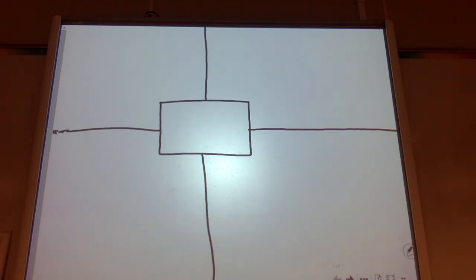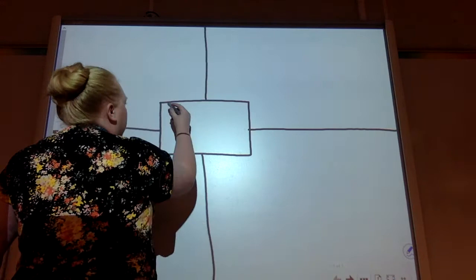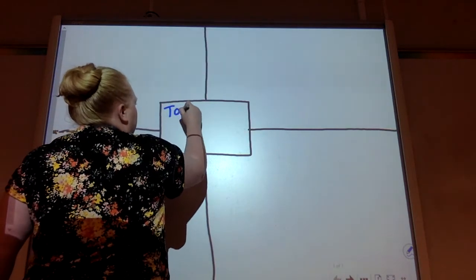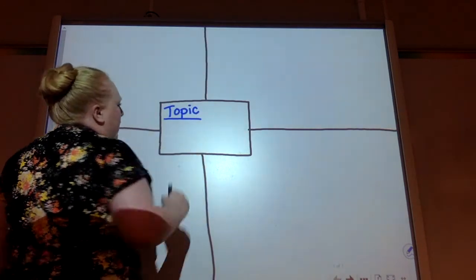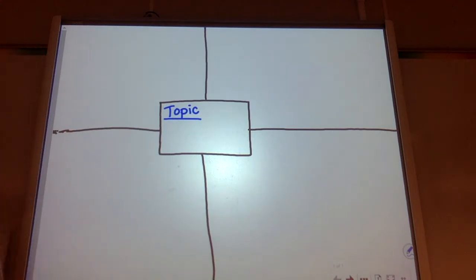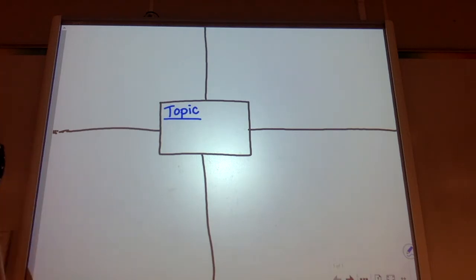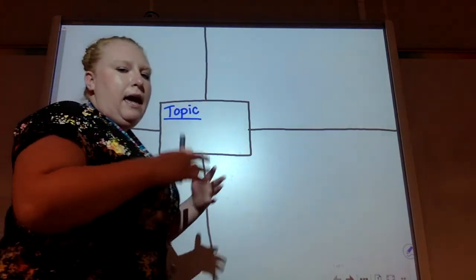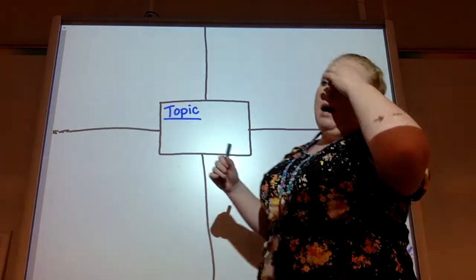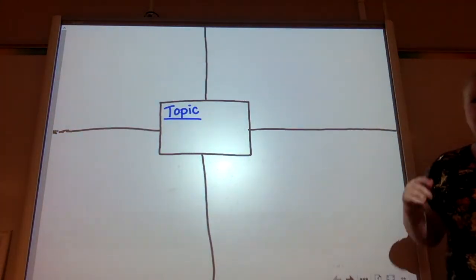So just like before when we did my favorite time of year, our topic is going to go in the middle. I'm going to write with blue. Topic is going to go right here in the middle. This is where I would like you to put your name, first and last name, because this whole essay, all of these 5 paragraphs, are going to revolve around you.